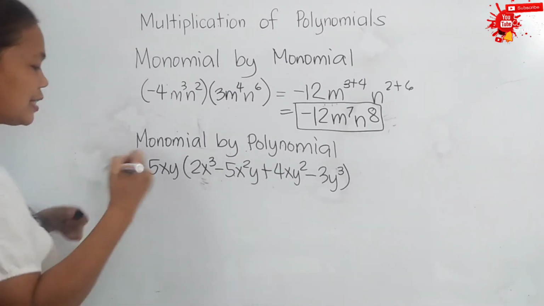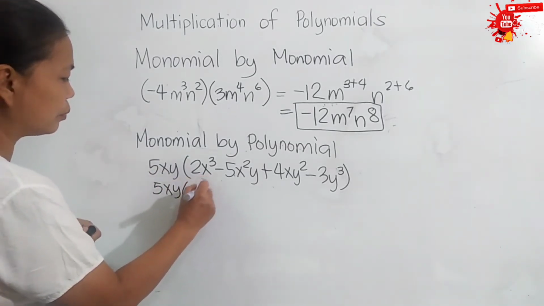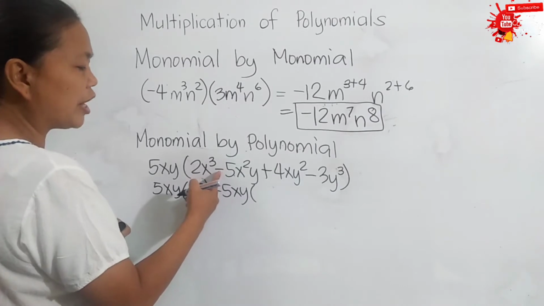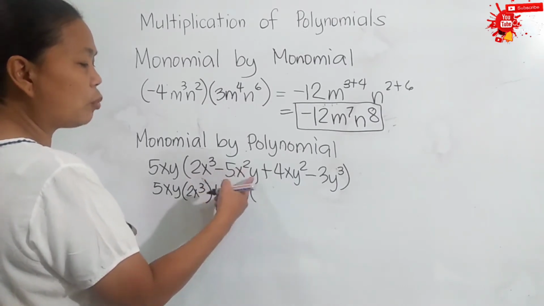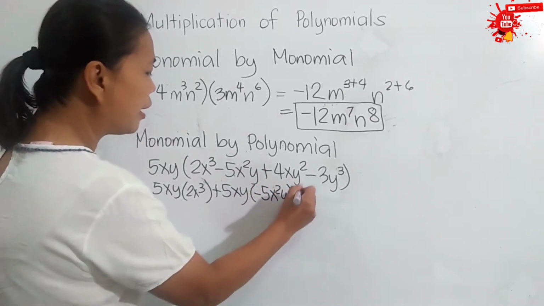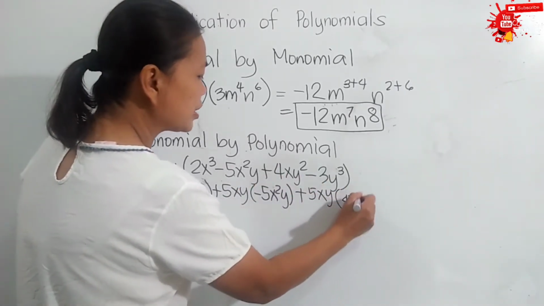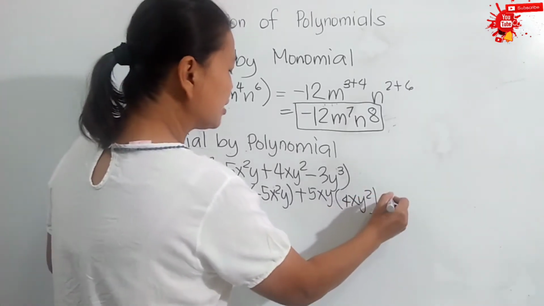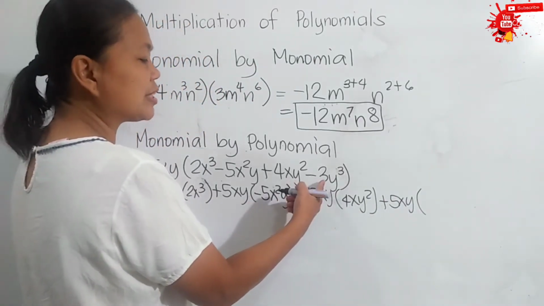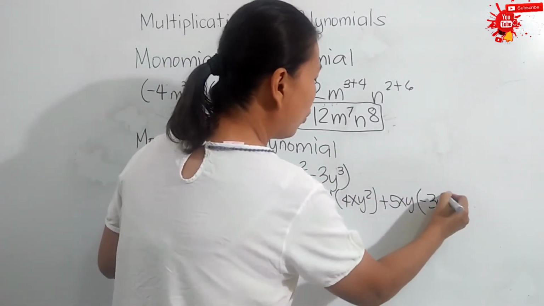So we will have 5xy times 2x cubed, positive 5xy times negative 5x squared y, since we have a minus sign, so the sign of 5x squared y is negative. Then positive 5xy times positive 4xy squared. Then positive 5xy times negative 3y cubed, since we have a subtraction sign, so the sign of 3y cubed is negative.